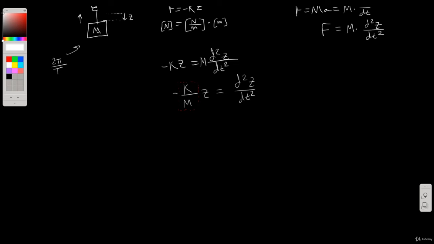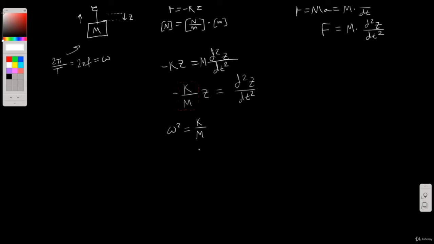The time it takes for the mass to go up and back down to its original position is T, so the angular frequency is 2π over T, which is also 2π times f. We give this the variable omega. Omega is the angular frequency, and it turns out that k over m gives us omega squared. That is, omega squared is equal to k over m.